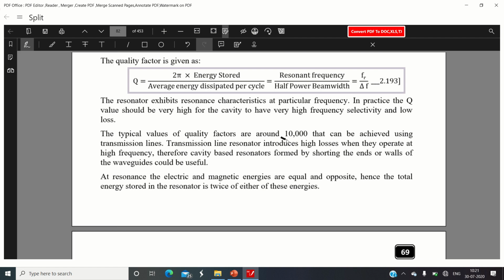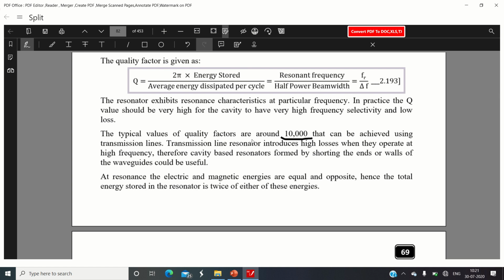Here you notice that the typical values of quality factor associated with resonator devices are very high, around 10,000. What does that indicate? A high quality factor value indicates that the circuit has the capability to store a large amount of energy.